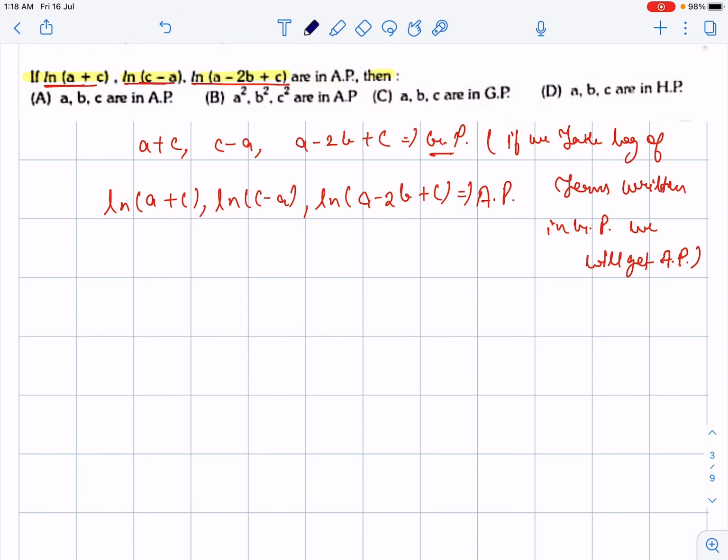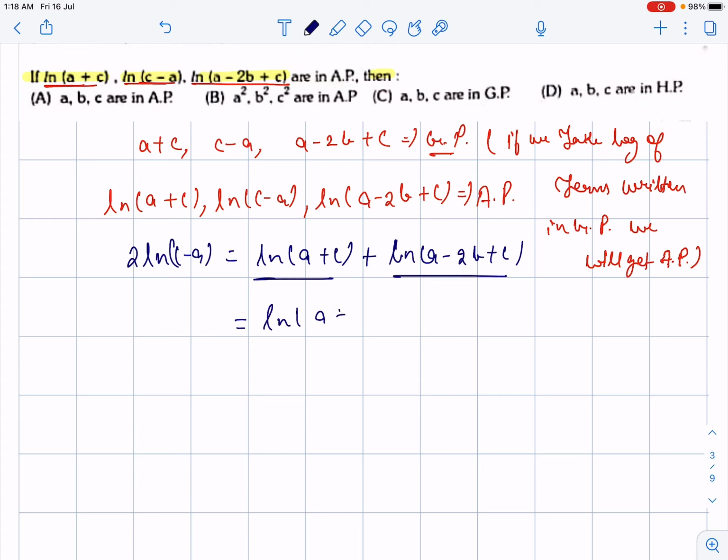We may write 2 times ln(c - a) is equal to ln(a + c) plus ln(a - 2b + c), and we may make use of ln a plus ln b equals ln ab.